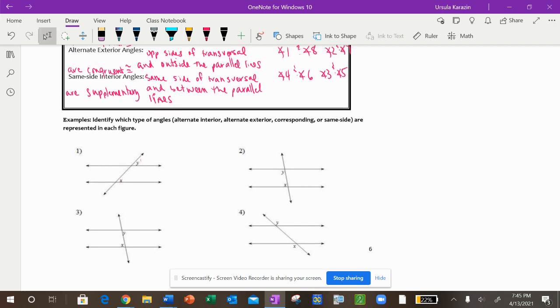Let's check to see if they correspond. Up at this circle, Y is the upper right. Down at this circle, X is upper right. So they're both upper right angles. Guys, when I say upper right, think about it: this is upper right, this is upper left, this is lower left, and this is lower right. That's what I'm talking about. All right, so these are corresponding.